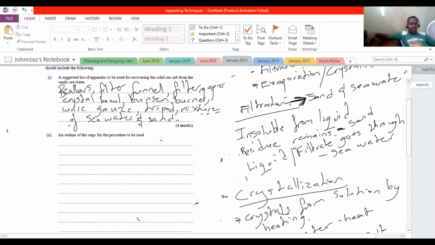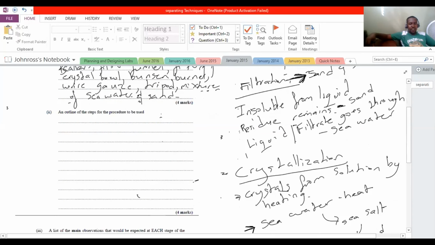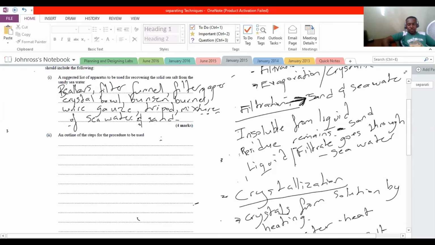So step one. Make a solution. Well, you already have the mixture, so you don't need to make it. Filter the solution. Let's write it as if someone doesn't know how to carry out filtration.